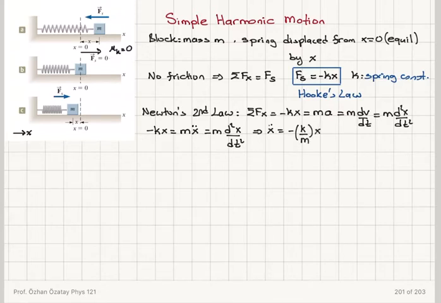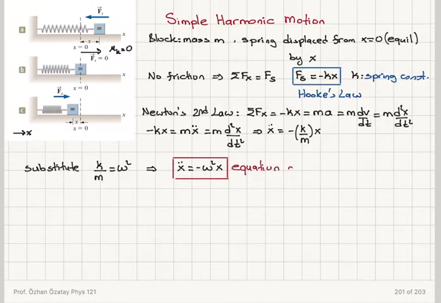So I can rewrite this equation as x double dot is equal to minus k over m times x, and let's substitute omega squared for k over m. The reason why I'm doing this will be clear in a moment. Then we have x double dot is equal to minus omega squared x. So this is the equation of motion.